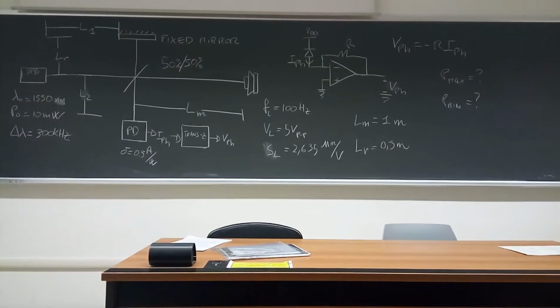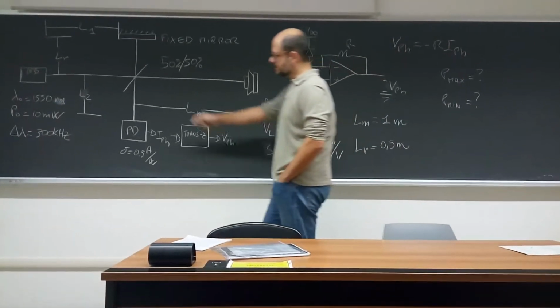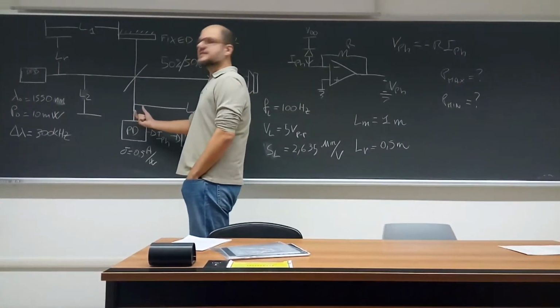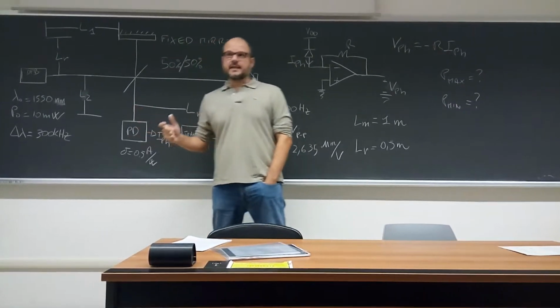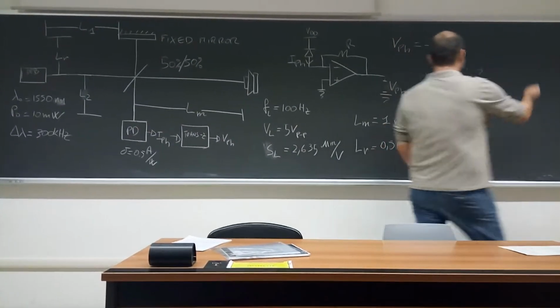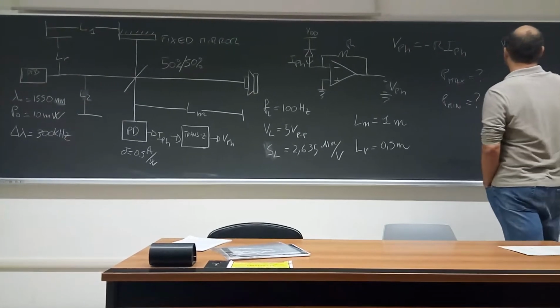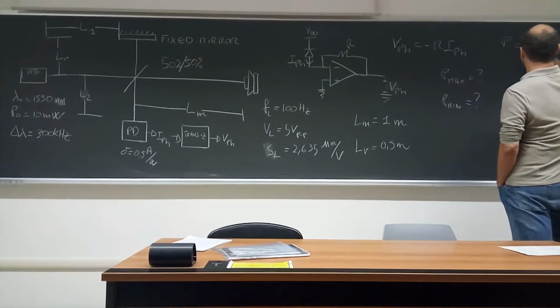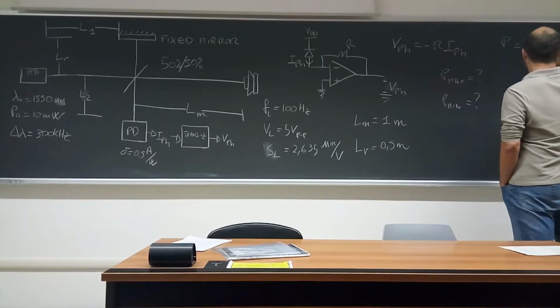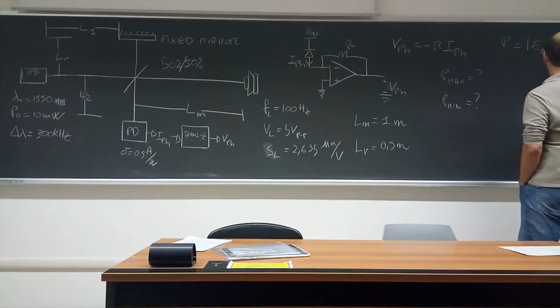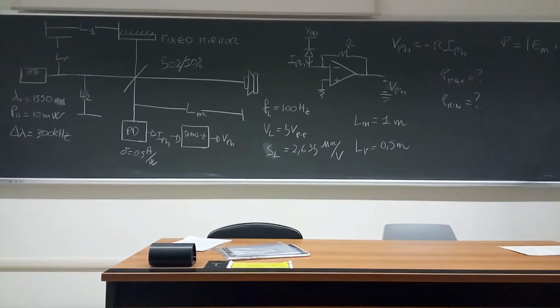So to answer this, you have to recall that onto the photodiode comes the summation of the reference and measuring field. And then the power is related to the modulus squared of E_M plus E_R. This is what happens.